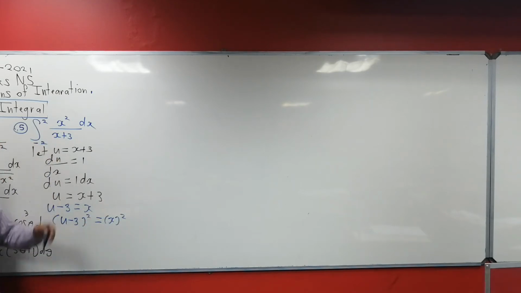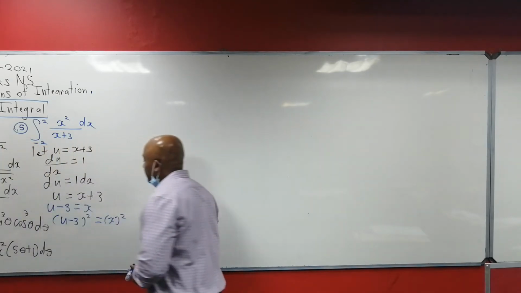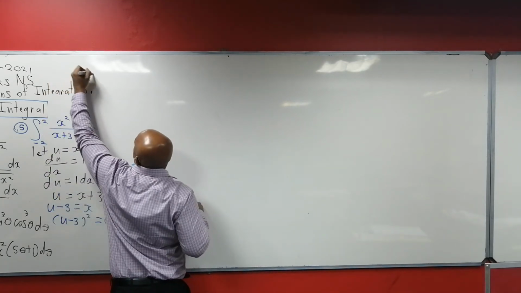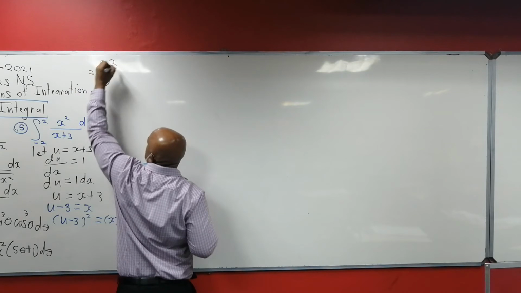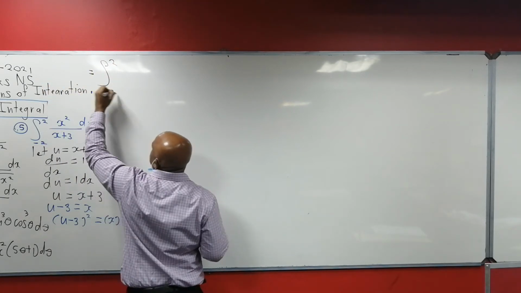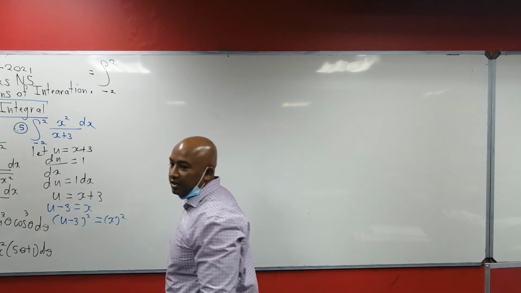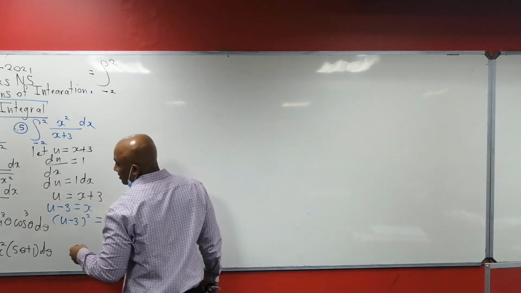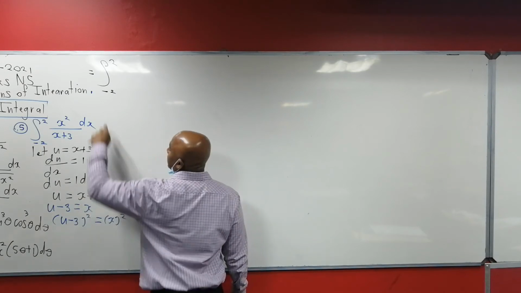You either want to do the substitution straight or you can square it, but you have to square it no matter what. So let's do it here. So this is equal to, you got your 2 and minus 2. Alright, just double check those values, 2 and minus 2, if it's correct in the question. So that's 2 and minus 2.